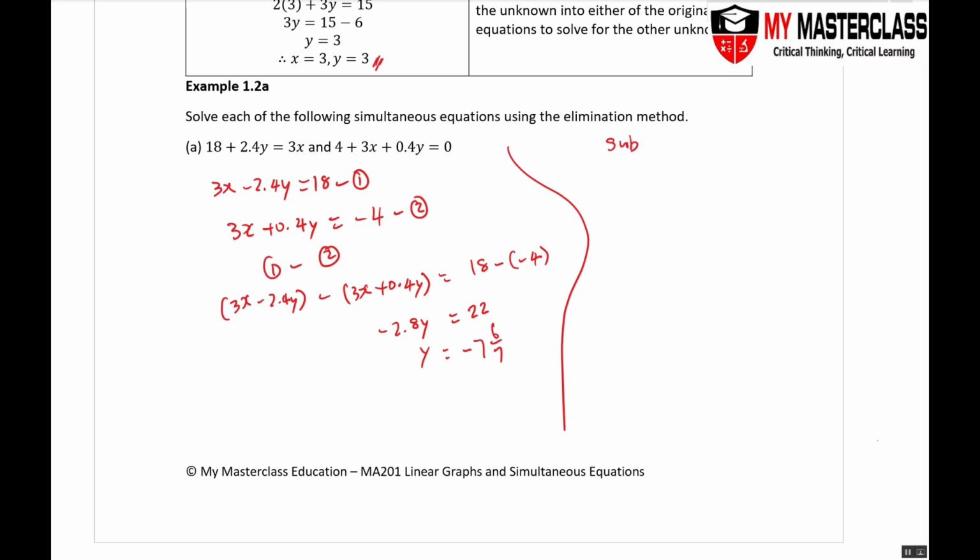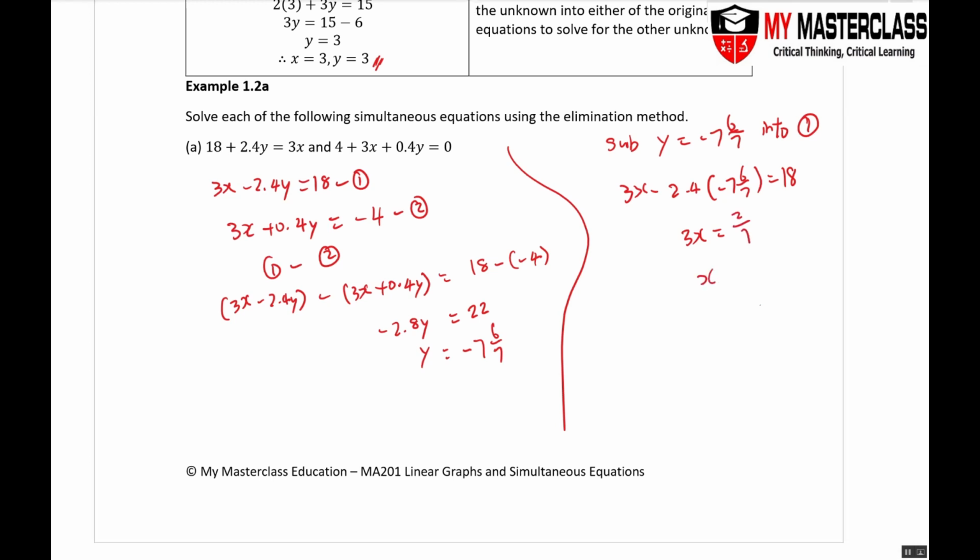Sub y equals to negative 6 over 7 into 1. So 3x minus 2.4 times minus 6 over 7 equals to 18. You end up with 3x equals to 2 over 7.